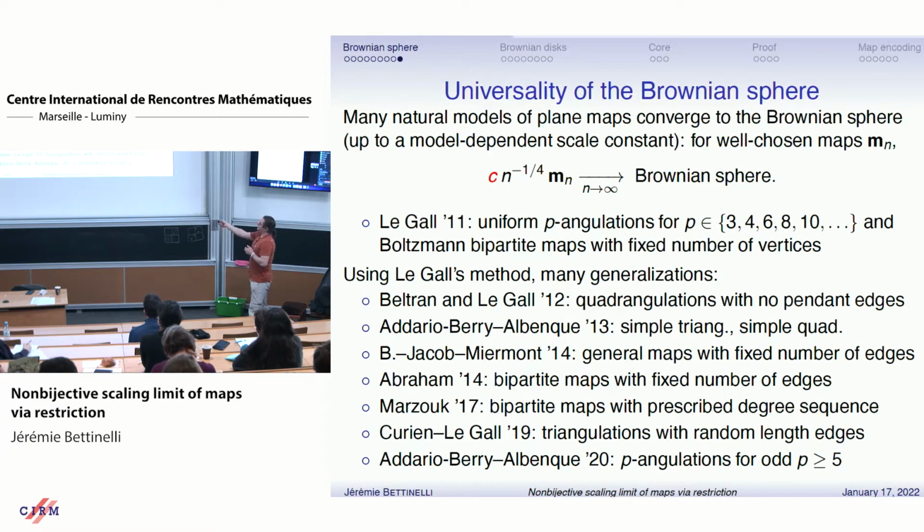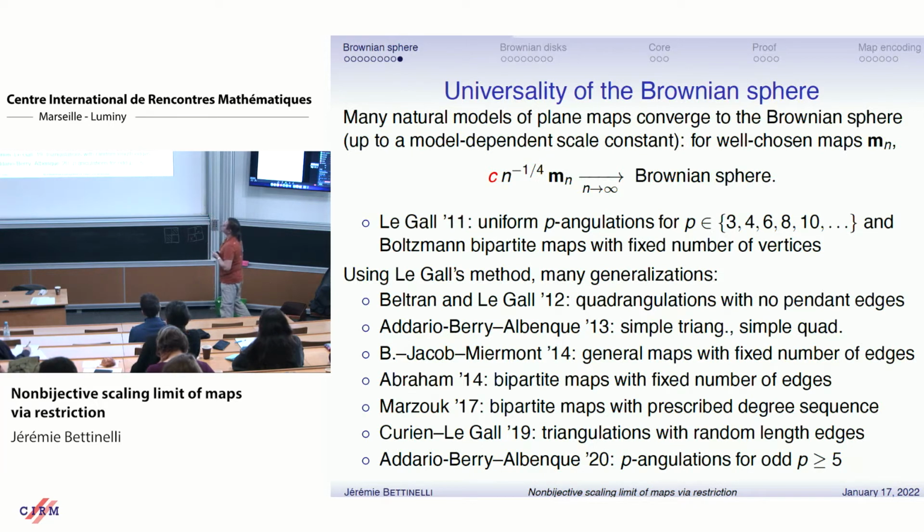And then with this approach, we had many more generalizations. For instance, quadrangulation without vertices of degree 1. Just remove the vertices of degree 1, then you take a uniform map like this, and it also converges to the same object.